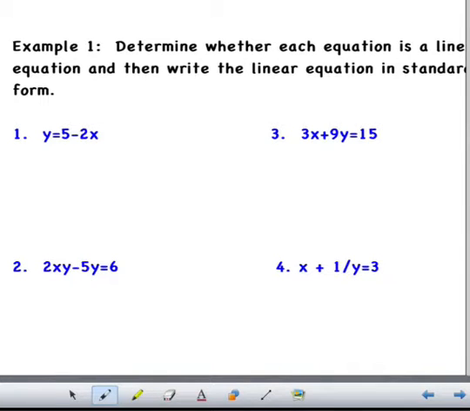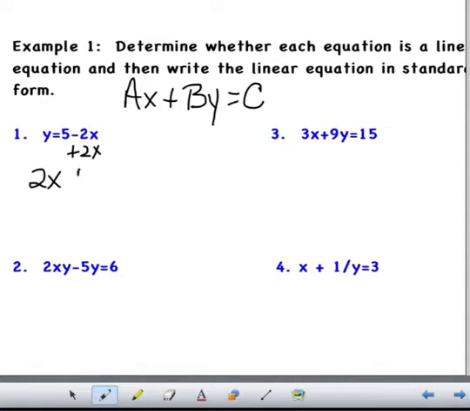So look at number 1. Can we get it in standard form? Remember, standard form is ax plus by is equal to c, where a, b, and c are just numbers. All right, so let's see if we could rewrite this. I could add 2x to both sides.